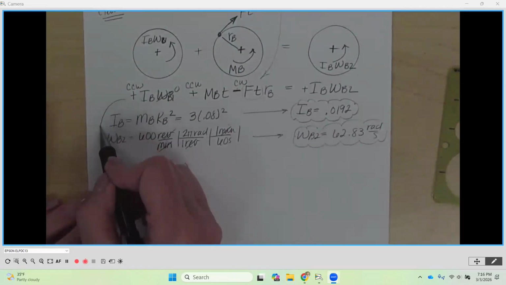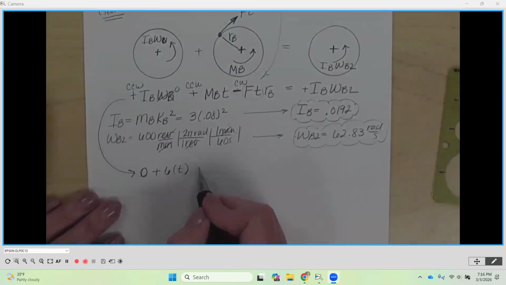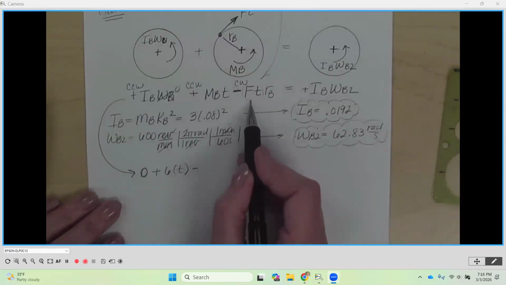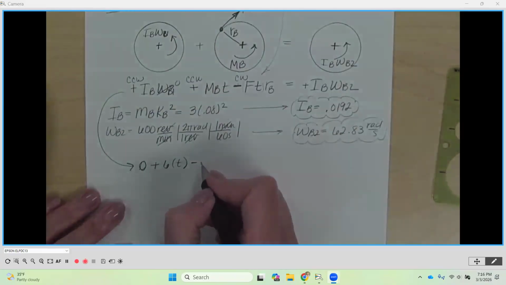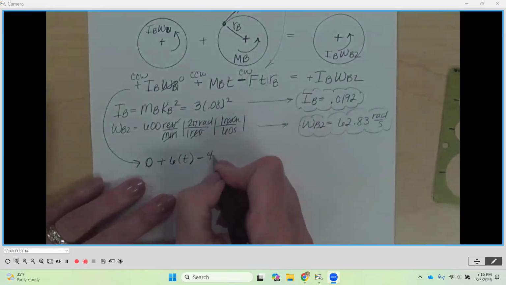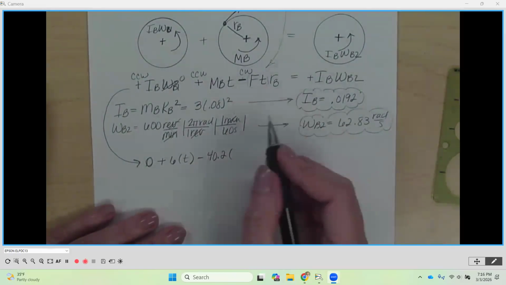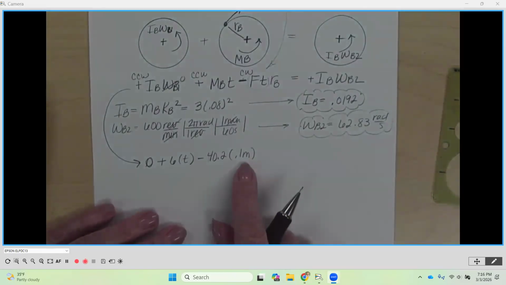Okay, so I'm doing this line right here. Then we're going to have a minus the F times T. Okay, F times T is the 40.2 Newton seconds. So 40.2 times the radius. So that's 0.1. I'm just going to put meters so we know that that's the radius.